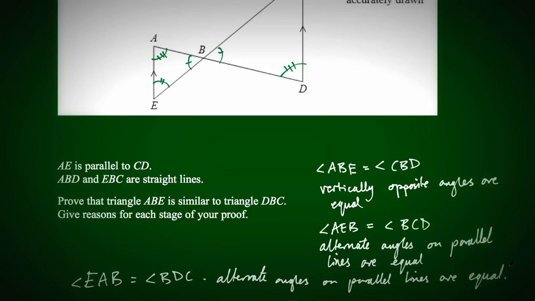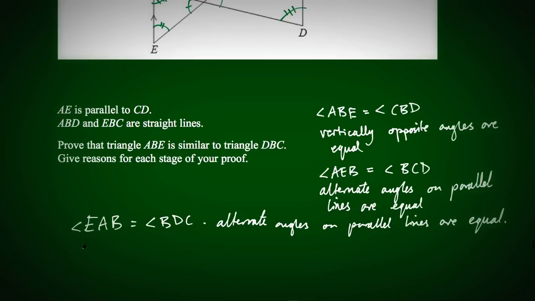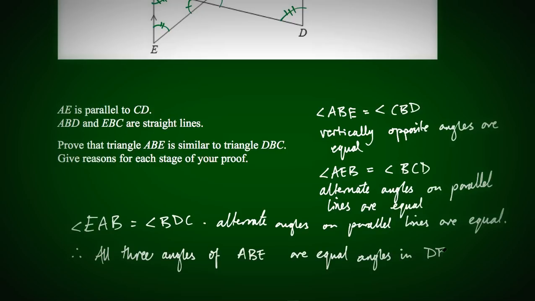And now finally, we can say that, therefore, all 3 angles are equal. All 3 angles of, let's be very clear about this, of ABE are equal to angles in DBC. Therefore, the triangles are similar.